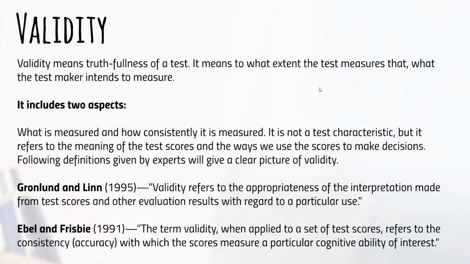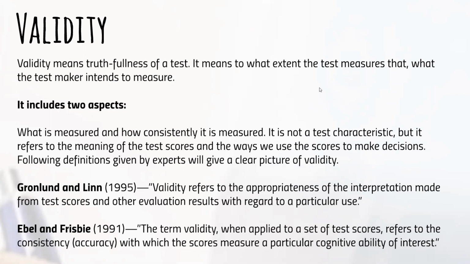First, validity refers to the appropriateness of the interpretation. Here, the appropriateness of the interpretation is a basic concept delivered in 1995. So this concept is of appropriateness and interpretation made from test scores and other evaluation results with regard to a particular use.